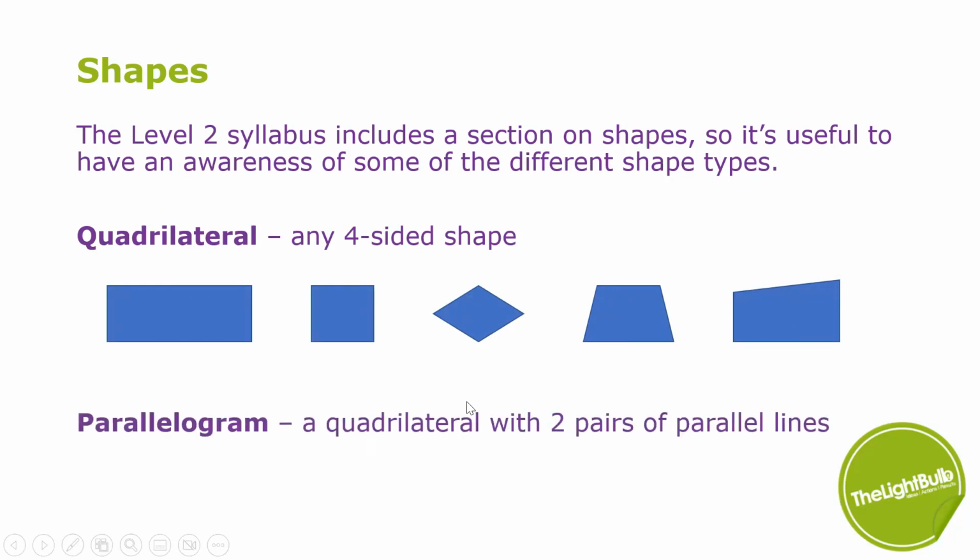So parallelograms are another category, but they are also quadrilaterals with two pairs of parallel lines. So a parallelogram is a certain type of quadrilateral. So just to get an overarching sense, quadrilateral covers all of the shapes that we're looking at on this page.